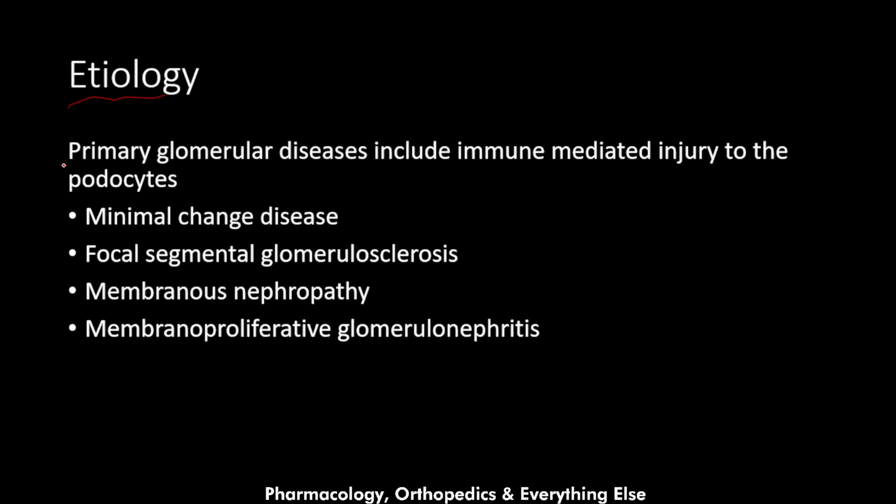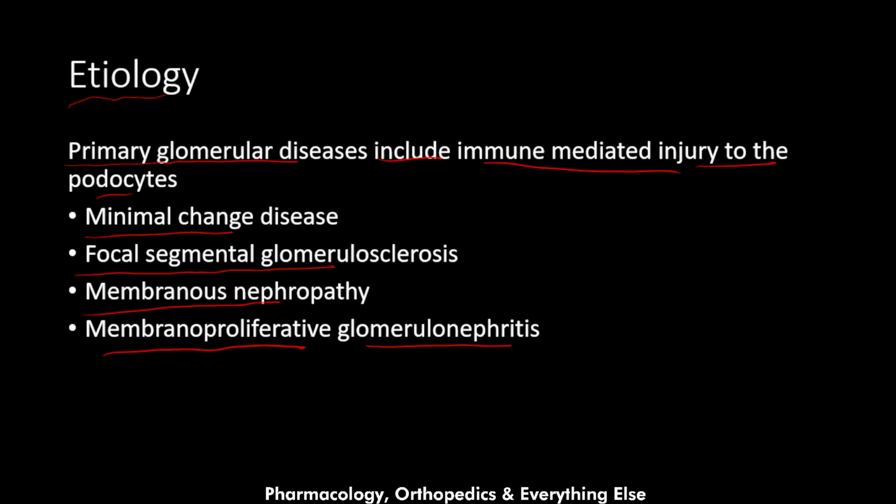And finally, let's talk about the etiology of the nephrotic syndrome. So we have primary glomerular diseases and we have secondary glomerular diseases that lead to nephrotic syndrome. The primary ones is that they include immune-mediated injury to the podocyte. Examples for those are the minimal change disease, the focal segmental glomerulosclerosis, the membranous nephropathy, and the membranoproliferative glomerulonephritis.